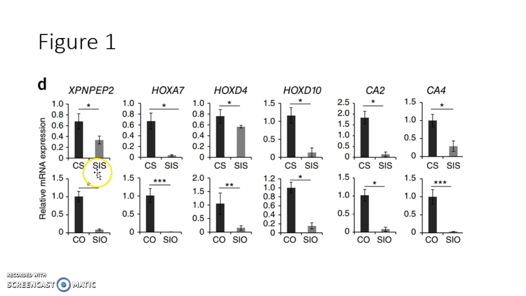So you have the small intestine spheres, the colon spheres, the colon organoids, the small intestine organoids. These are the day 38s, day 48s. So don't get too confused on the setup.